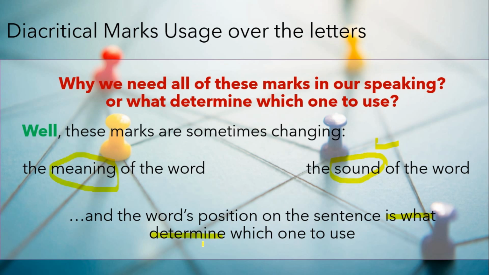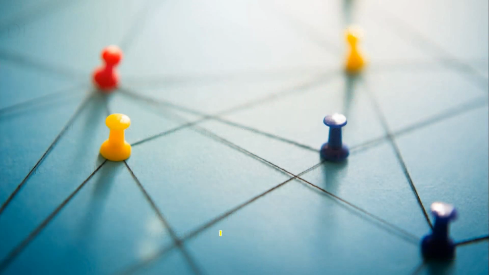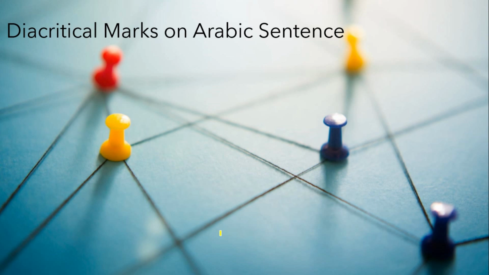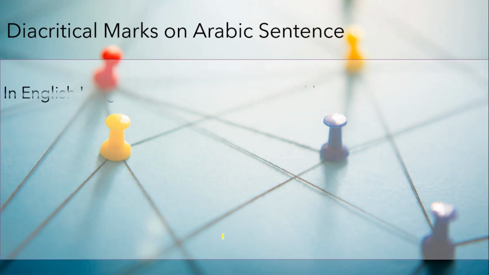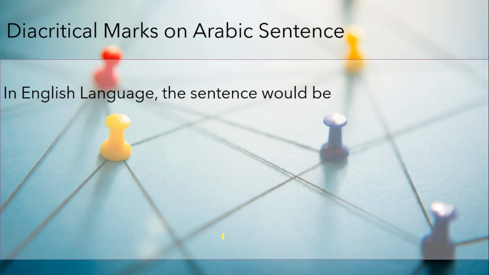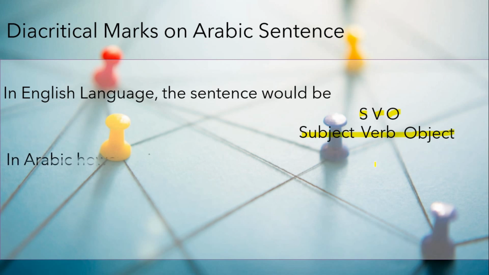That's why we're going to shift to the sentence to gain a deeper understanding of this lesson. In the English language, the sentence would be SVO, which is subject, verb, and object. This is the regular and normal way to write a sentence in English. You start with the subject, you next write the verb, and then the object. However, in Arabic, it's different. We start with the verb, then the subject, then the object comes at the end of the sentence.